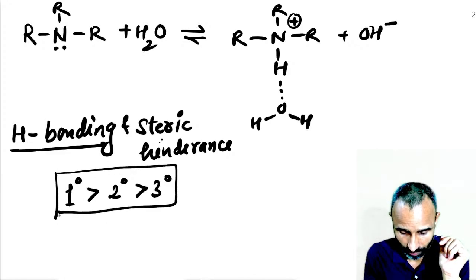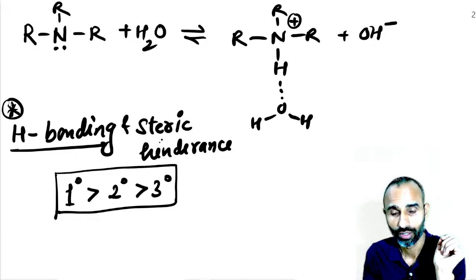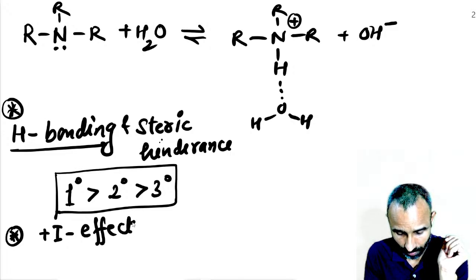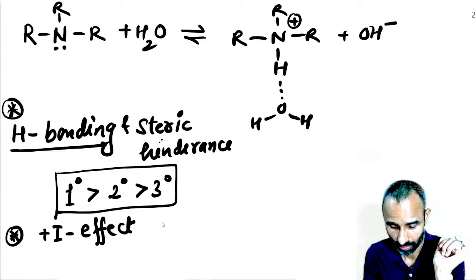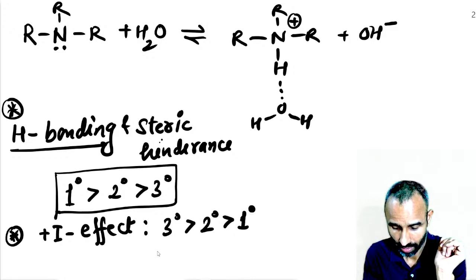So on the basis of hydrogen bonding, the order is primary, secondary, tertiary. And if we compare on the basis of plus I effect, the order is tertiary, secondary, primary.